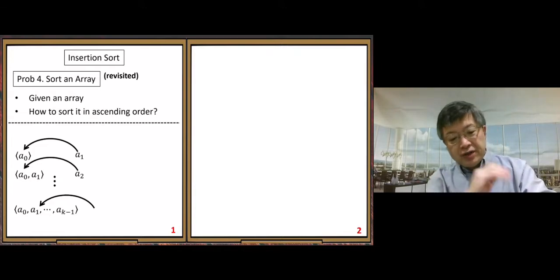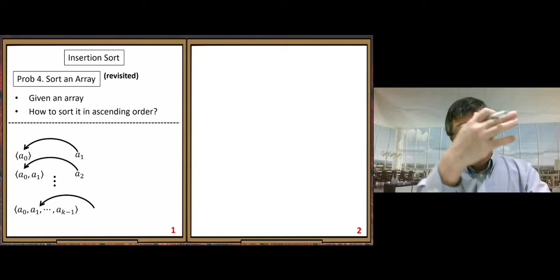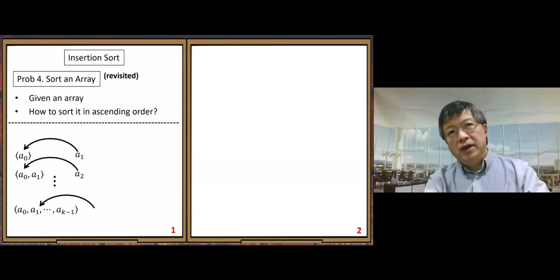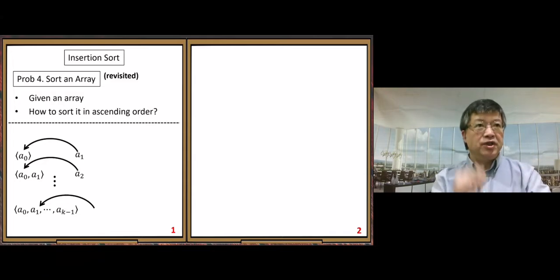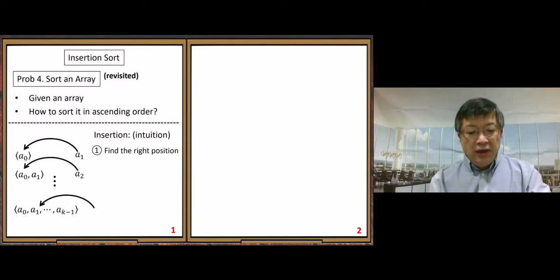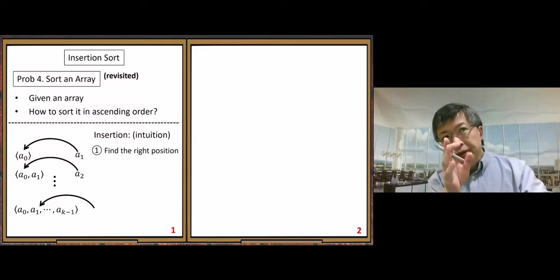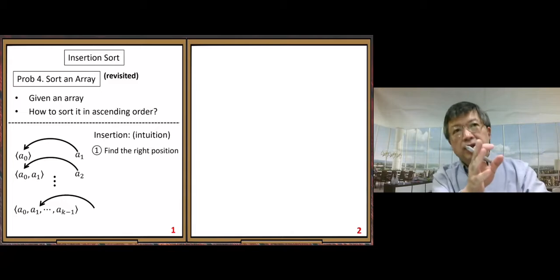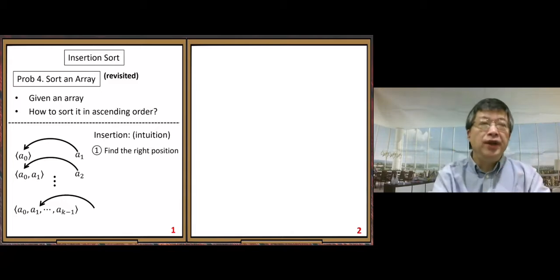We saw this diagram in the previous video. Now we want to look at the details of this insertion operation, based on our intuition. First, in order to complete the insertion operation, we need two steps.